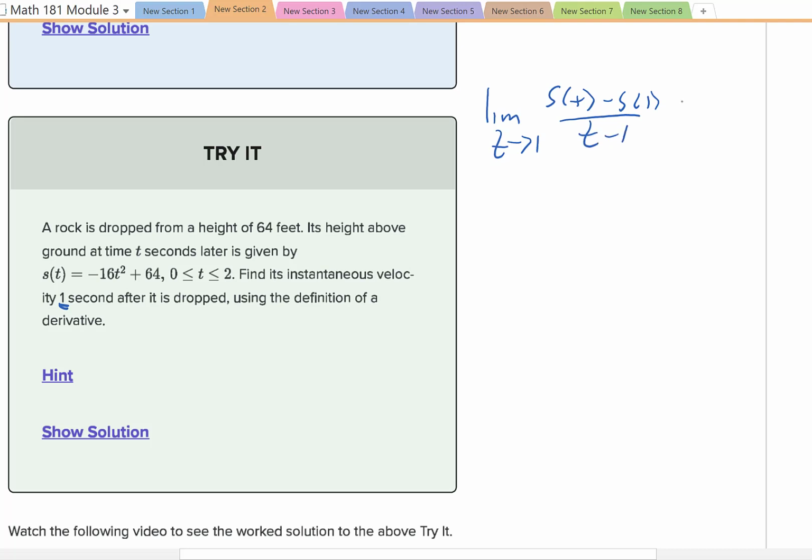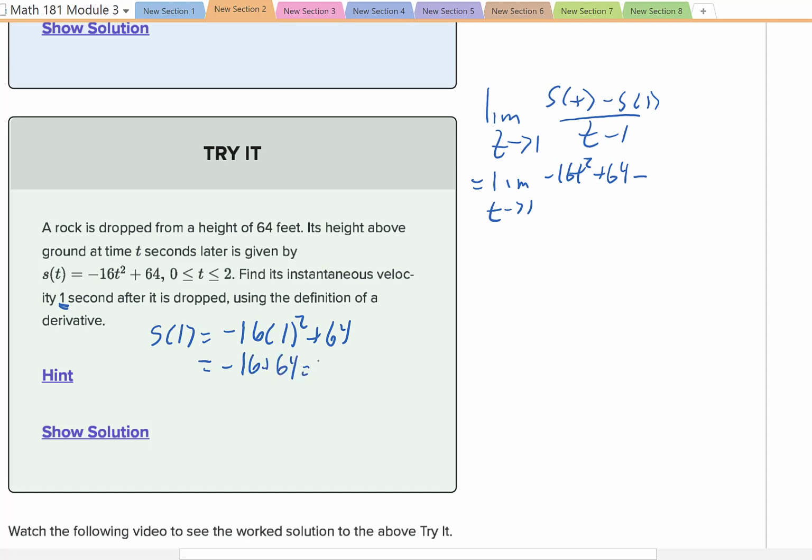So that's going to be the limit as t approaches 1 of negative 16t squared plus 64 minus, and I didn't calculate s of 1, but s of 1 is going to be negative 16 times 1 squared plus 64. So that's negative 16 plus 64, and I get 48 out of that. So minus the 48, all divided by t minus 1.